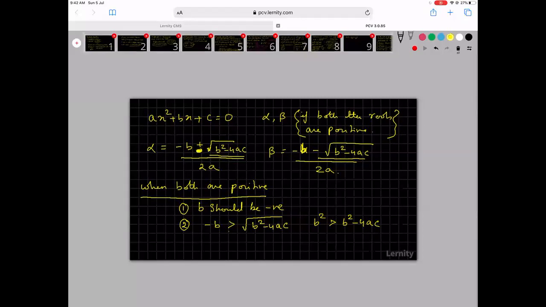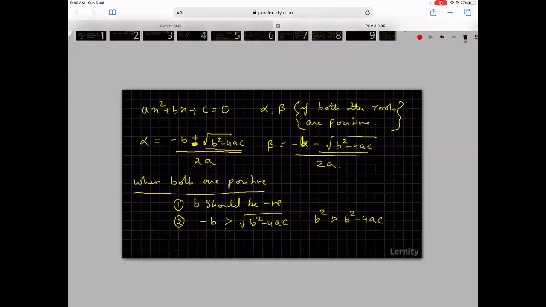So now I can cancel these two and I can remove the negative sign by changing this. So I'll get AC is greater than 0. That product of this number and this number should be greater than 0 and B should be negative. So that is the condition that both alpha and beta are positive.